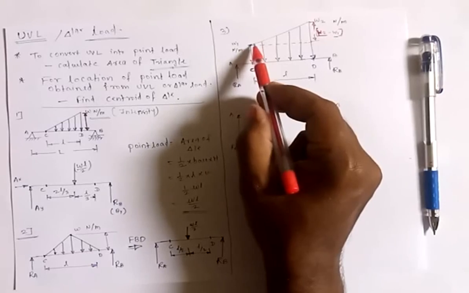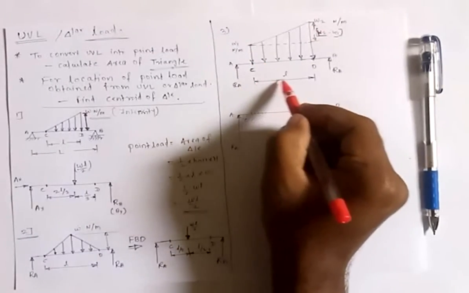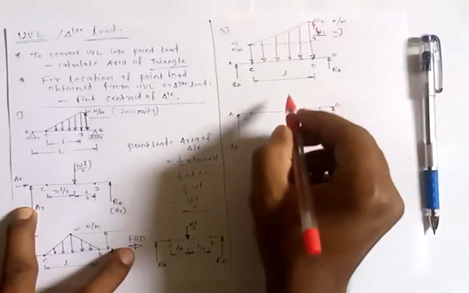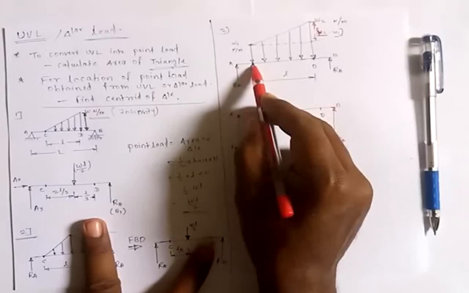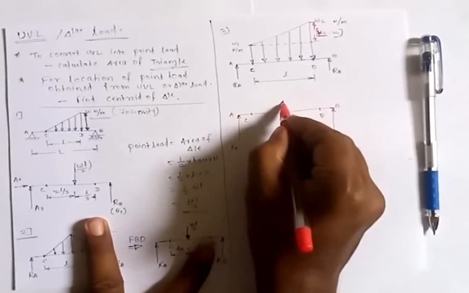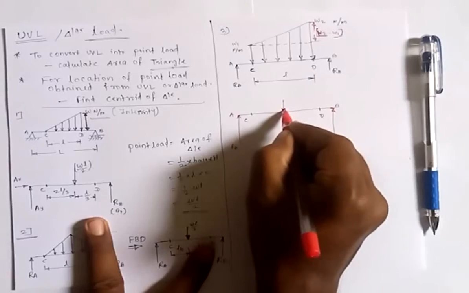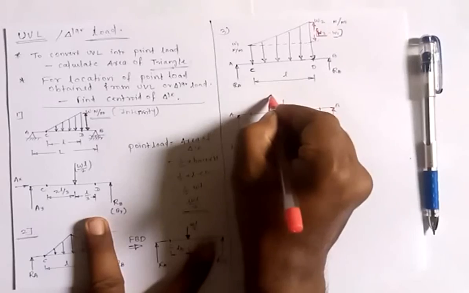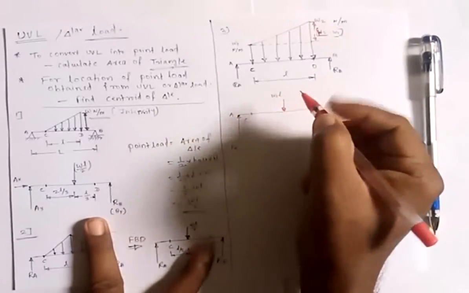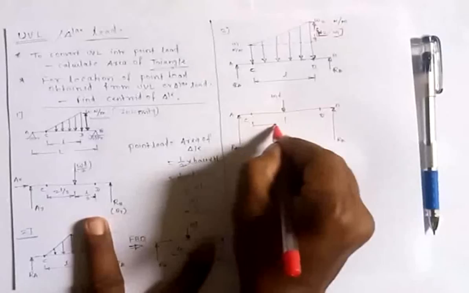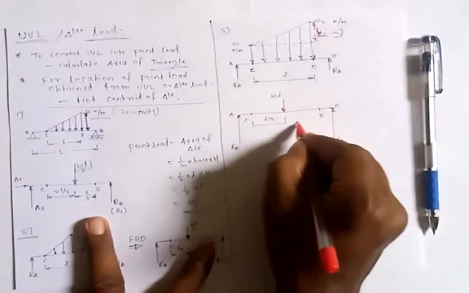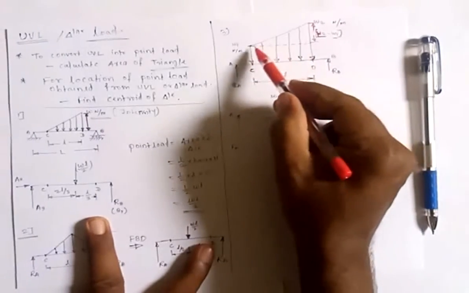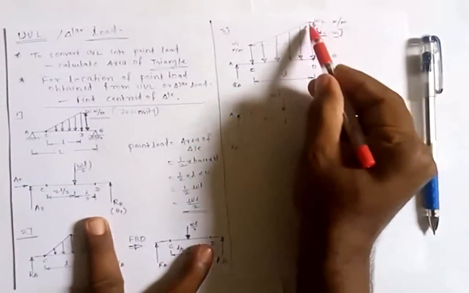So height of the rectangle is W1 and the width is L. So W1 multiplied by L becomes the first point load, and it will act exactly at the center of C and D. So at the center I will have the first point load obtained from this rectangle, and its magnitude will be W1 into L. The distance from C will be L by 2, and the distance from D will again be L by 2. I will have one more load that is obtained from this triangular load.